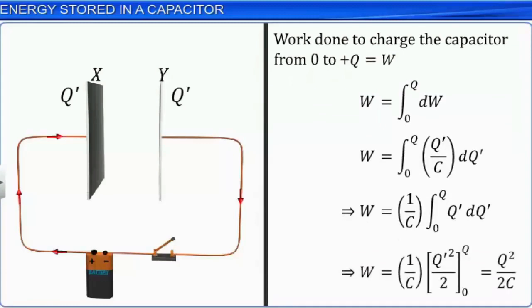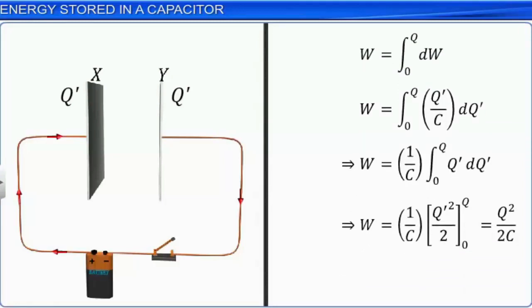This work done, W, is stored as electrostatic potential energy in the capacitor. Electrostatic potential energy of the capacitor is denoted by U. Hence, we get U is equal to Q square by 2C.